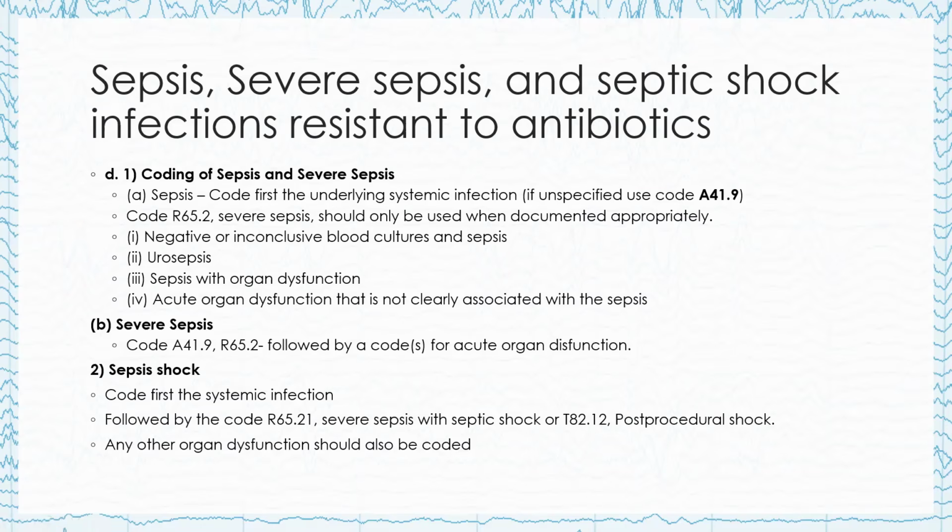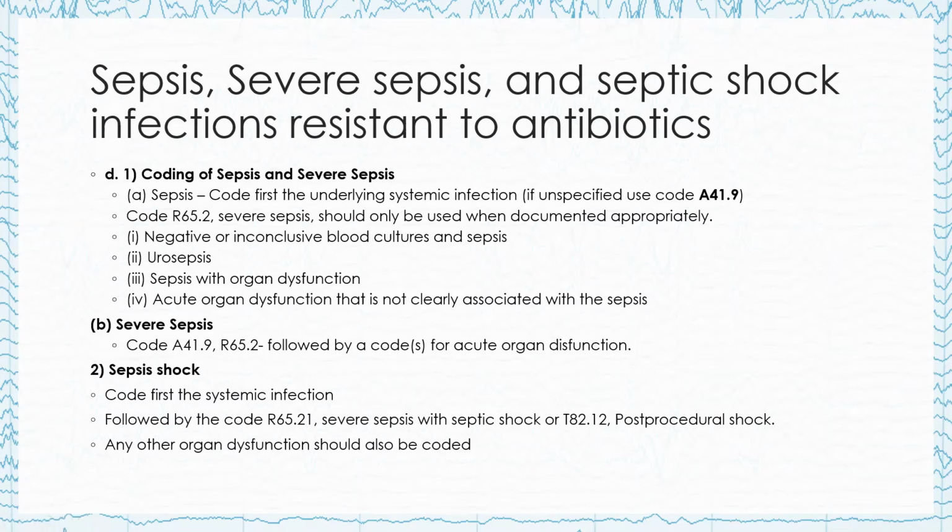When we have sepsis and organ dysfunction, sometimes called multiple organ dysfunction or MOD, follow the instructions for coding severe sepsis. When we have acute organ dysfunction that is not clearly associated with sepsis, the sepsis and the acute organ dysfunction must be documented in the medical record in order to bill the code R65.2.